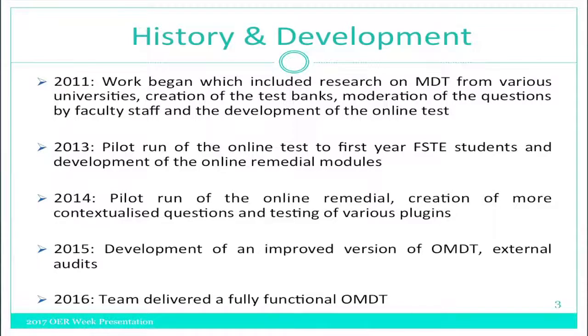Okay, a bit on the history and the development of OMDT. The work on OMDT began in 2011. Okay, the first thing done was that the team conducted research on different mathematics diagnostic tools used in various universities around the world. Okay, this was very important because the team wanted to create something specifically special for us, something that included the content in specific context.